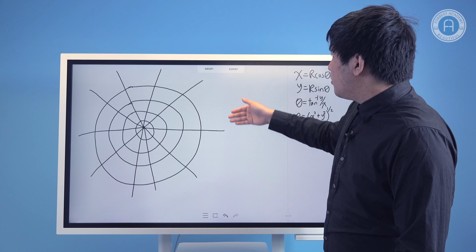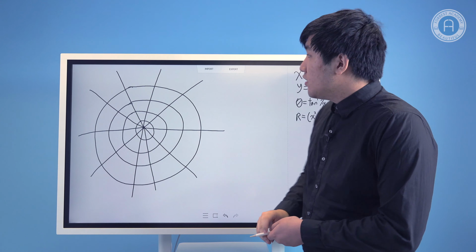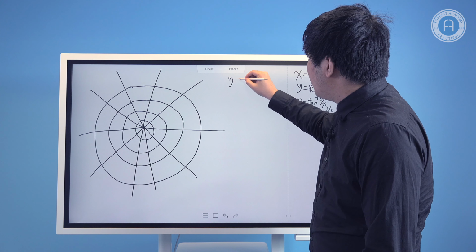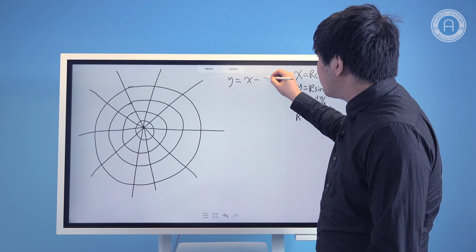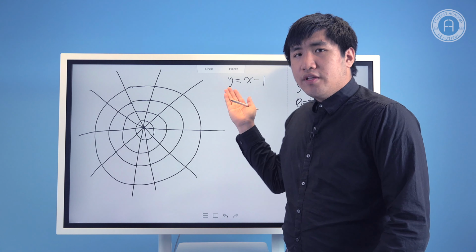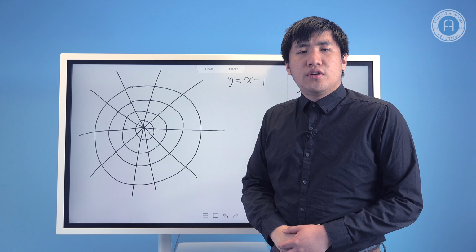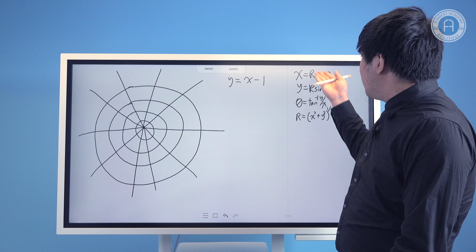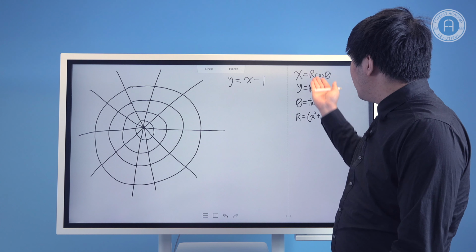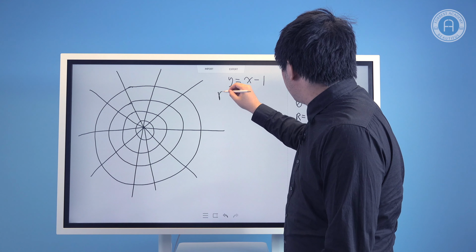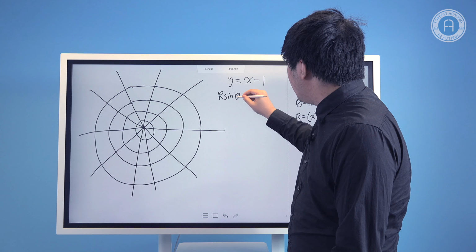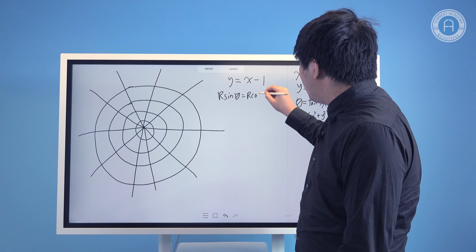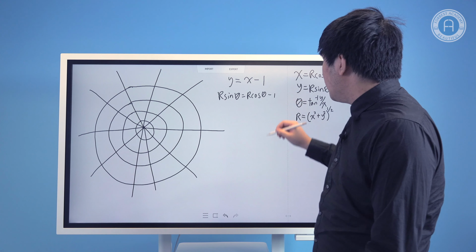Let's look at an equation without this sort of symmetry, say a linear equation, y equals x minus 1. Now let's transform this into polar coordinates. If we use these equations right here, we'll see that this becomes r sine theta equals r cos theta minus 1.